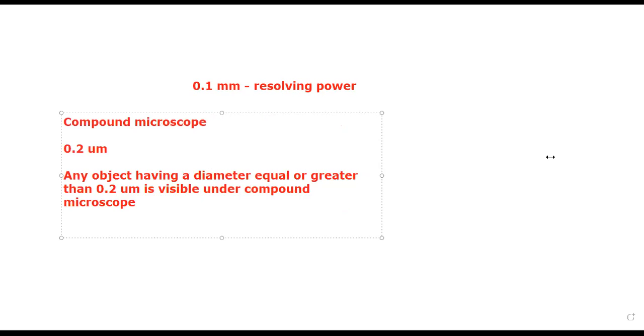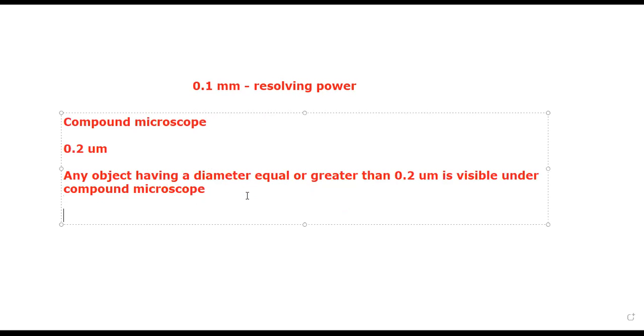Now for a simple example, if you take a plant cell, a plant cell has a size of 50 micrometers. In this case, can you see it with the human naked eye?